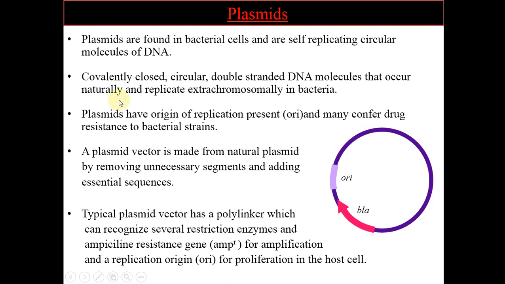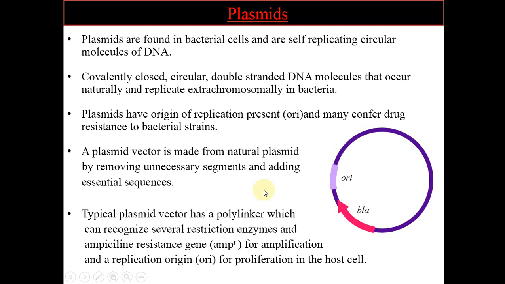Okay, plasmids have their own origin of replication and they have a drug resistance marker. Plasmid vectors are prepared from natural plasmids by removing unnecessary segments and adding essential sequences.